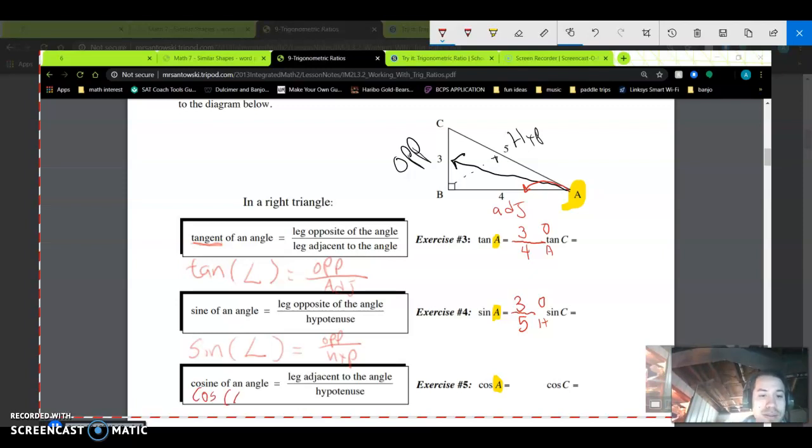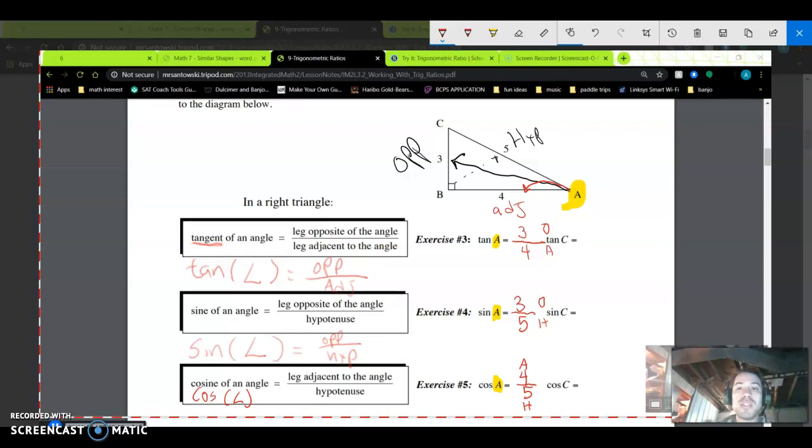Cosine of an angle is equal to the adjacent leg, or A, over the hypotenuse, H. So if we look at angle A, adjacent is 4, the hypotenuse is 5. We cannot simplify these anymore.